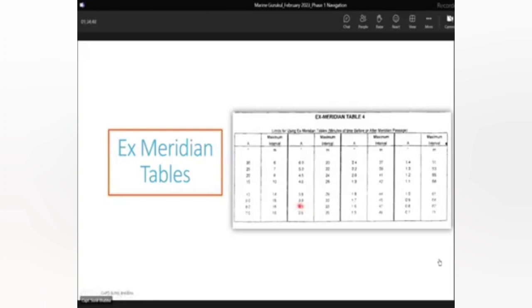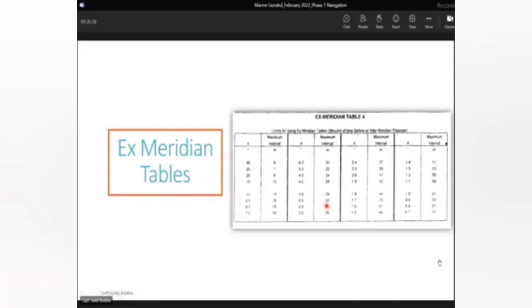So 3.0 gives us a limit of 32. This basically means 32 minutes before or after meridian passage. So 32 minutes before Marpas and 32 minutes after Marpas is the time period in which the Marpas method, the X meridian method, can be used.